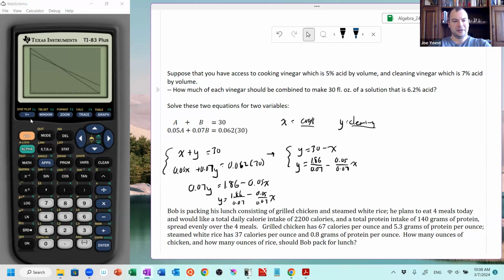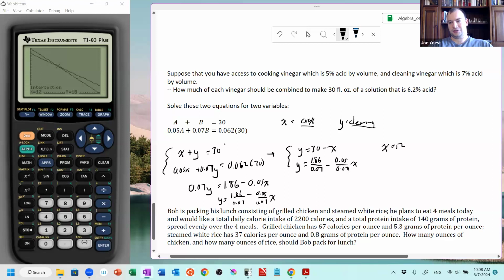I can find my solution by doing second trace to get to the calculate menu, 5 to find an intersection. The first curve, y equals 30 minus x, yep. The second curve, this long, messy looking thing. The guess, I'll just hit enter again. And I see my intersection is x equals 12, y equals 18.